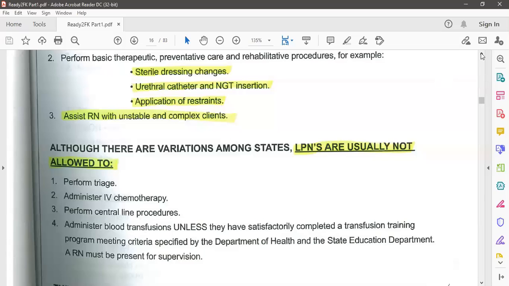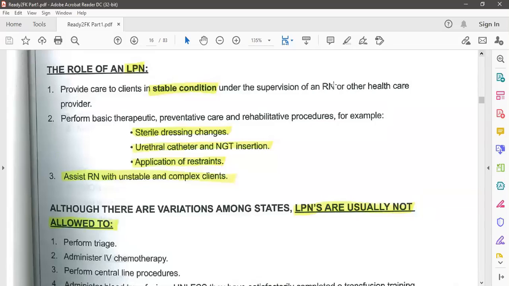So now let me explain the role of the LPN. The LPN provides care for the client with a stable condition. Who is stable? Easy. If all the vital signs are within normal range. Or they can take care of the patient under supervision of the RN.